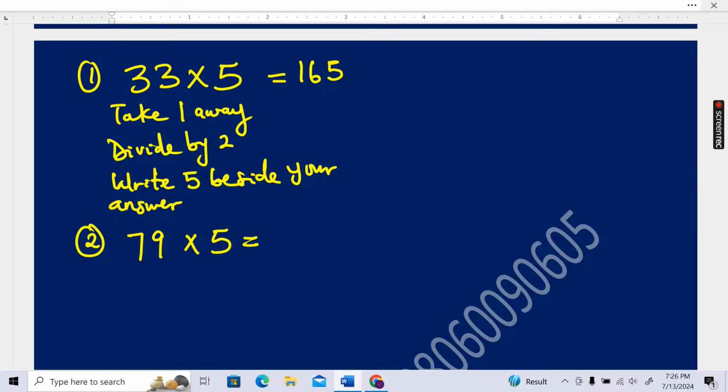That will give us 39, all right? Then write 5 beside 39, and that gives us 395. So 79 times 5 is equal to 395. You can see how I did it. I didn't use my pen on my book. I'm only showing you on the screen. And I did not use a calculator to achieve this answer.